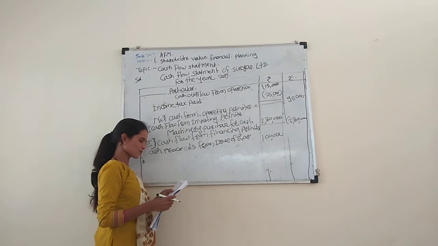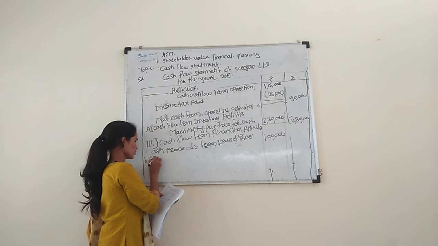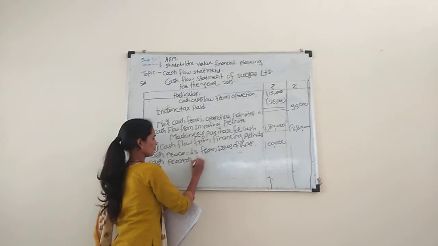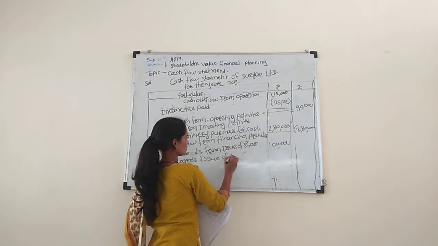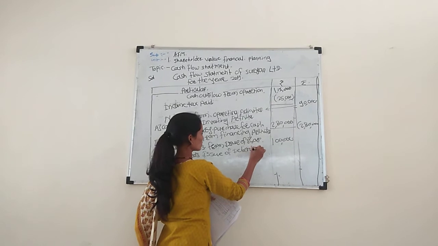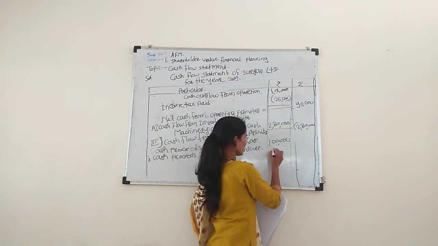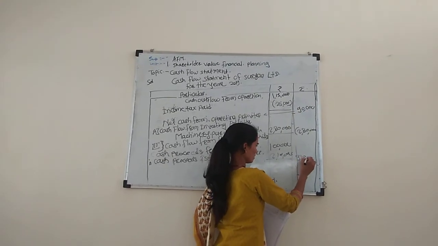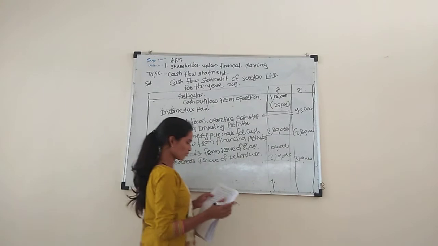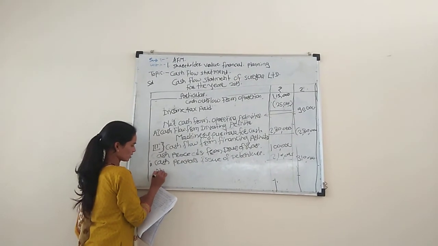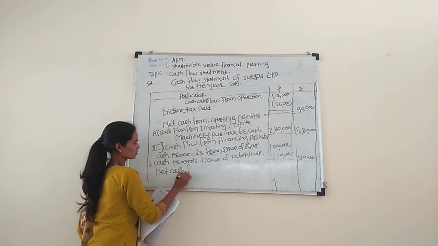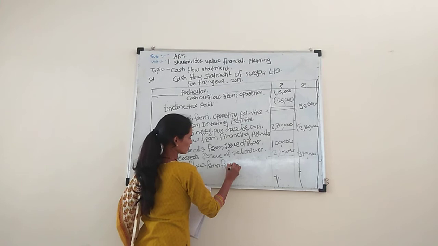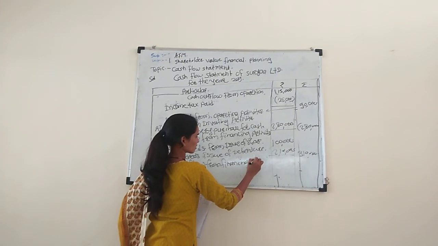And cash proceeds from issue of debentures: 2,10,000. This is 3,10,000, the net cash flow from financing activity.